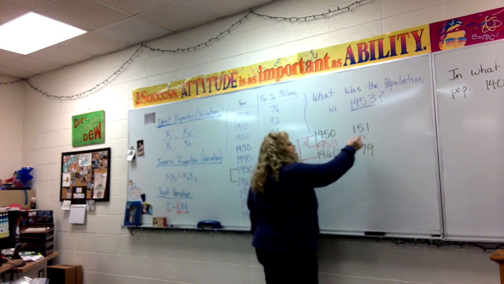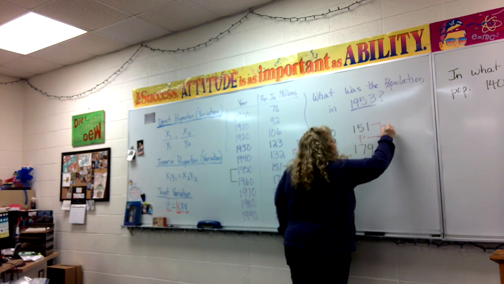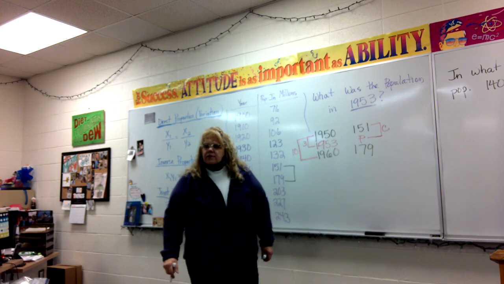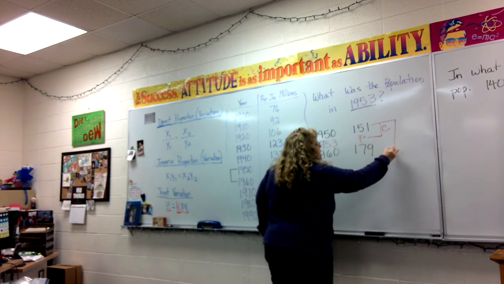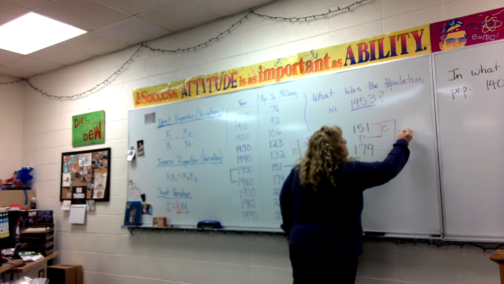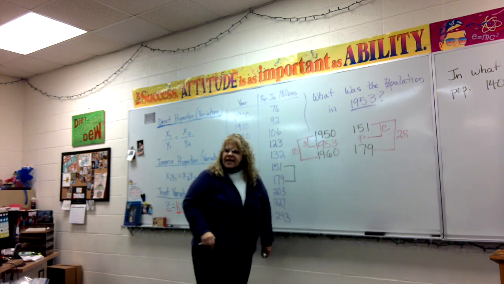On the other side, what's the change here? I don't know. We can't tell what the change is because we don't know what P is. What's the change between here and here? Subtract the two. If you subtract 179, take away 151, you get 28, don't you?